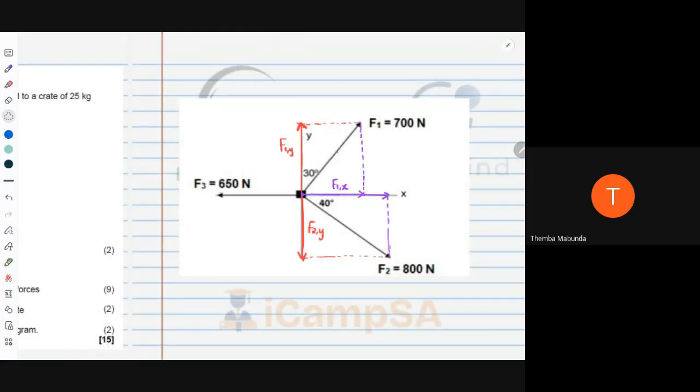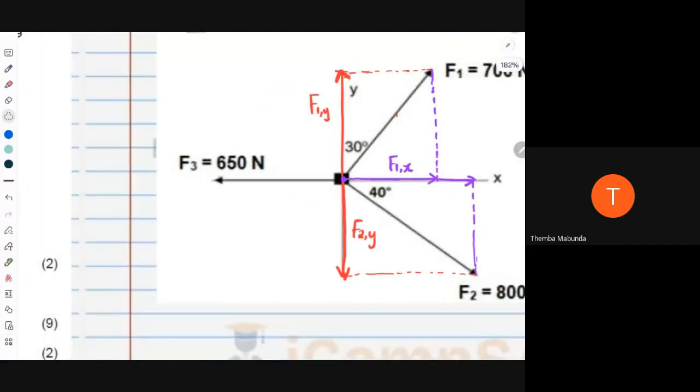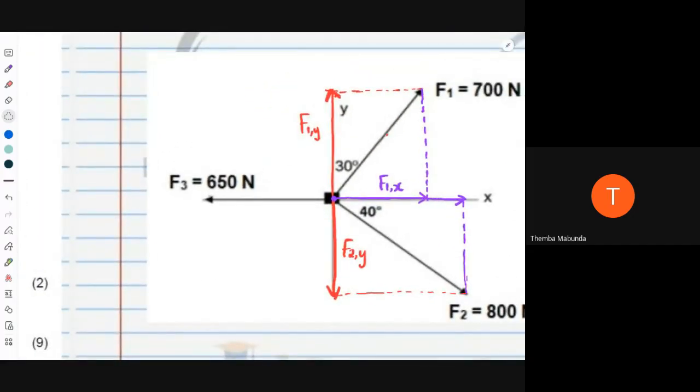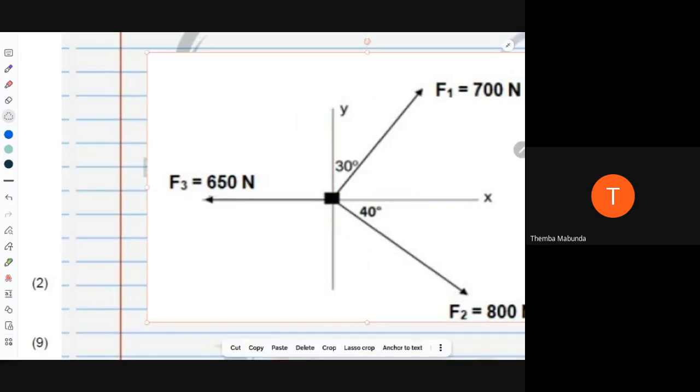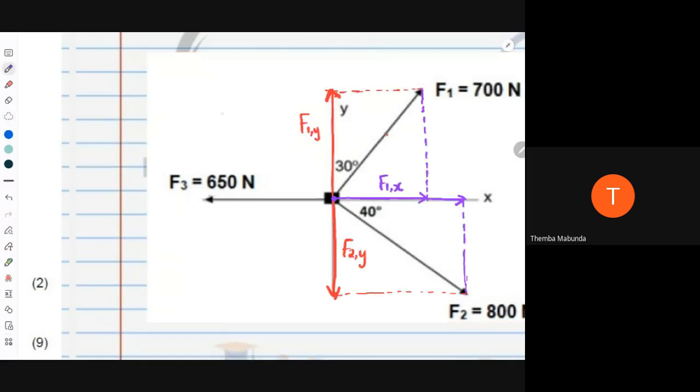So F3, if you take a look at F3, F3 is just a 1D vector, right? Remember what I said, you can only resolve a 2D vector, not a 1D vector. Because a 2D vector is diagonal like this. It exists in both X and Y. But a 1D vector, you can also think of it as an X component of its own self.